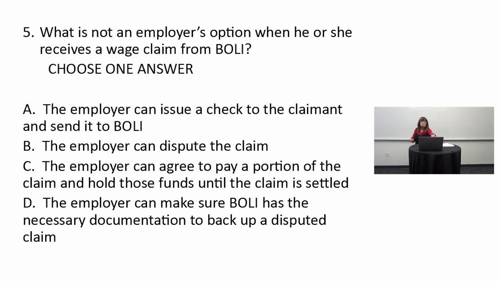D, the employer can make sure BOLI has the necessary documentation to back up a disputed claim. So we want to know what is not an employer's option. C, the employer can agree to pay a portion of the claim and hold those funds until the claim is settled. No. You need to follow the procedure set up by BOLI.